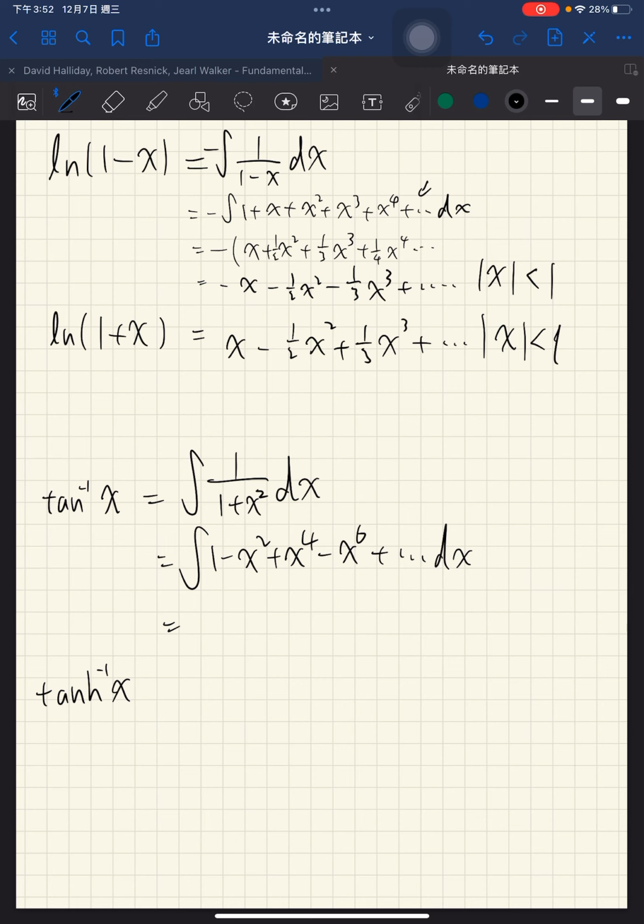So we will get x minus 1/3 x to the 3rd power, and so on. Oh no, mistake. And the boundary is the same.